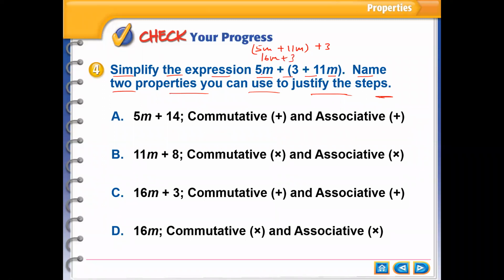So this is 16m plus 3. Commutative and associative. So commutative for addition and associative for addition. We have used two properties here. Is it okay? So the C option is right.